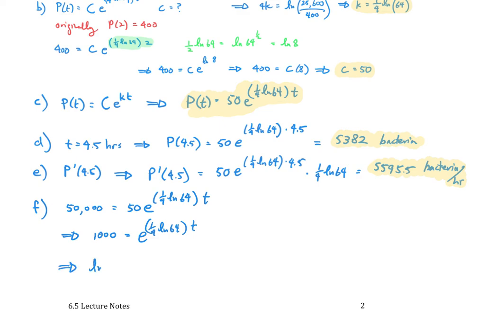I'm going to get natural log of 1,000 equals 1/4 natural log of 64 times t. And finally, if I isolate the t, I'm going to get t equals 4 times the natural log of 1,000 divided by the natural log of 64.